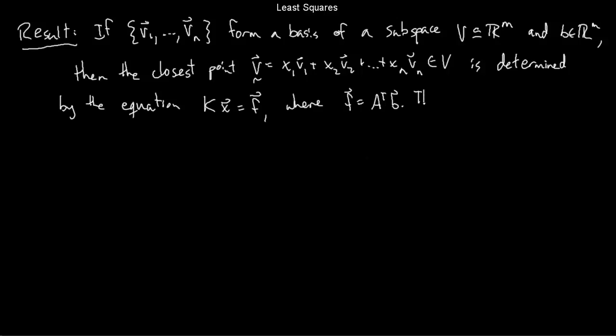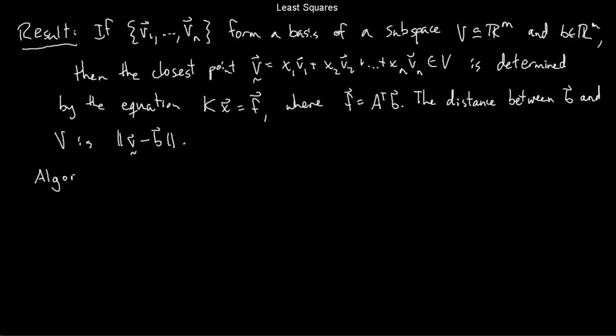And if you want to know that distance, you just take the norm, so the distance between b and this vector v tilde, which is the same as the distance between b and the whole vector space V, is just the norm of v tilde minus b. So an algorithm to let you do this in practice is as follows.